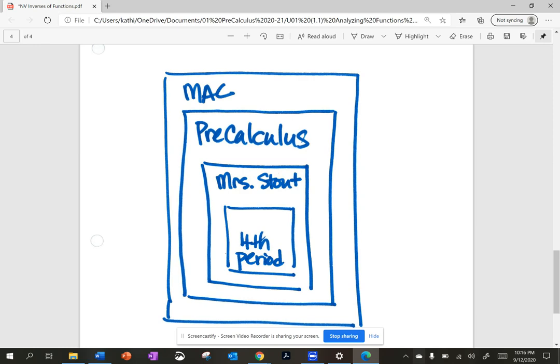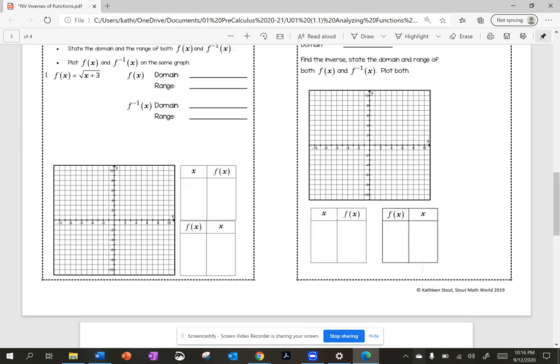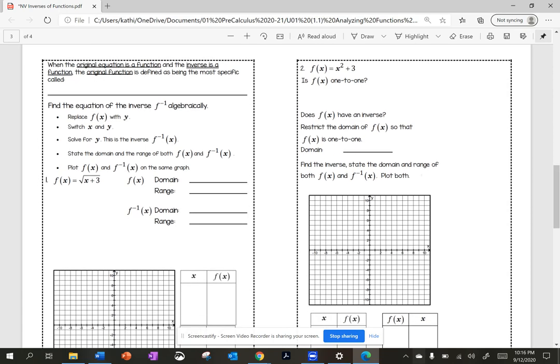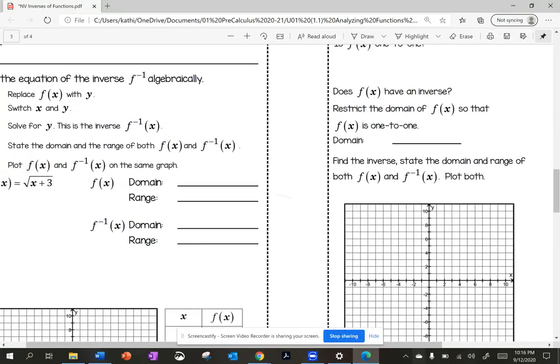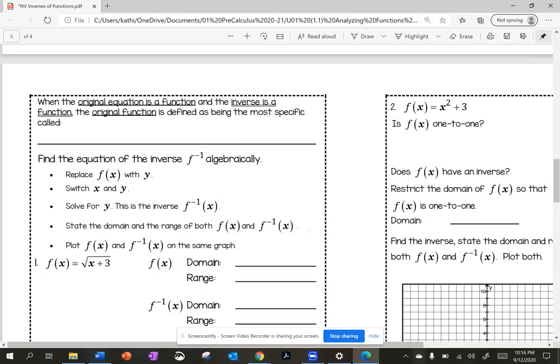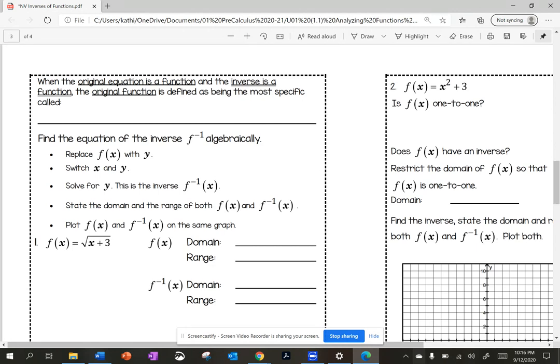Okay, so let's do some examples here. When an original equation is a function, and its inverse is a function, the original function, defined as being the most specific, is called one-to-one.